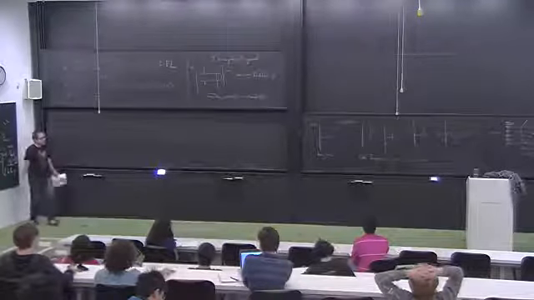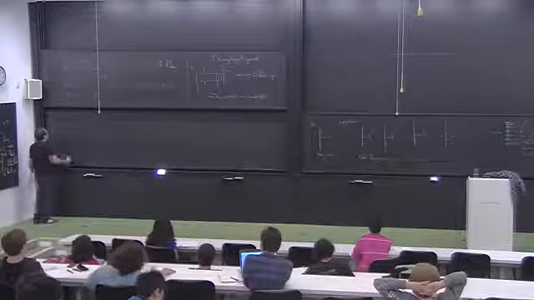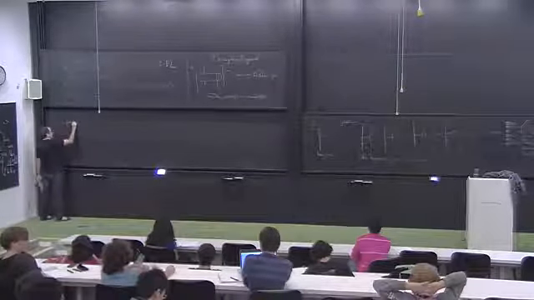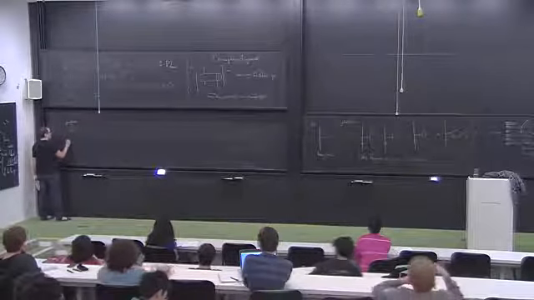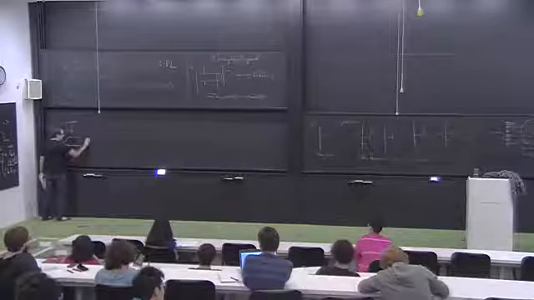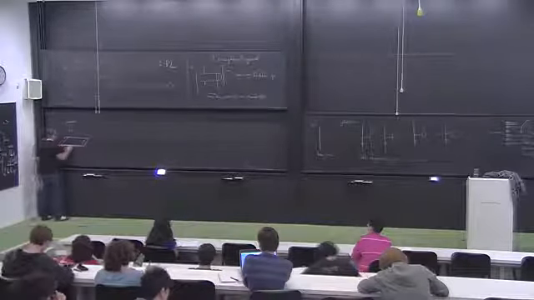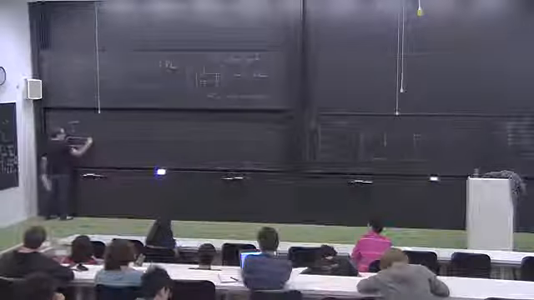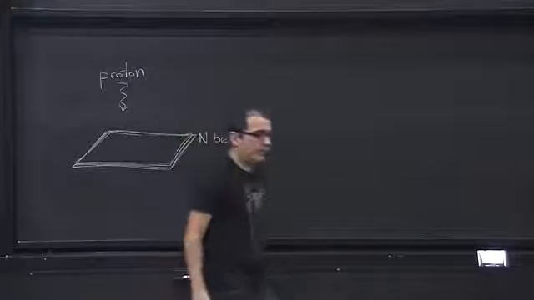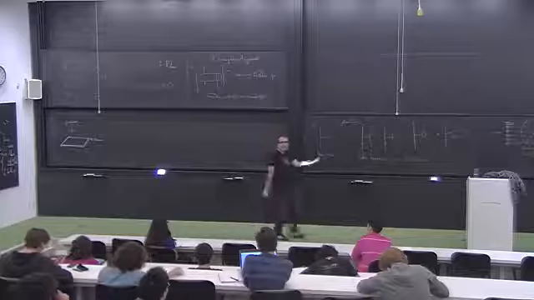So now, what we want to do is consider something more realistic. And instead of a proton, we will consider a stack of branes. A stack of branes means that you put a pile of branes all at the same position. We will put here capital N branes. Branes are again the places in string theory where open strings can attach.